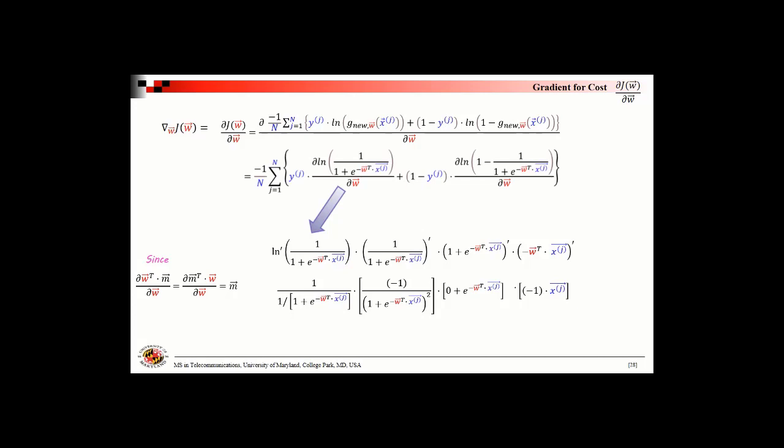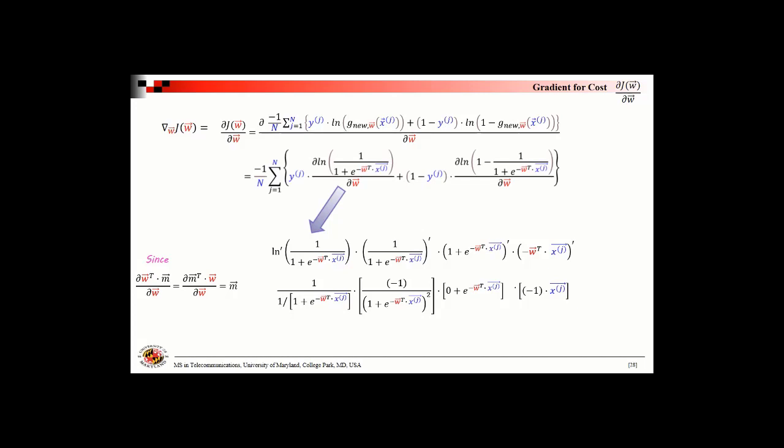When you take the derivative of that, it's minus 1 over the denominator squared. Then we took the derivative of 1 plus e to the minus w transpose x, in other words, the derivative of the denominator. And finally, we took the derivative of minus w transpose x.